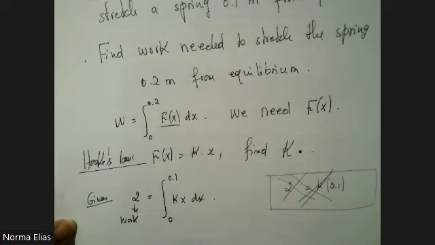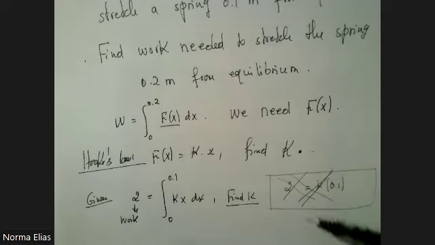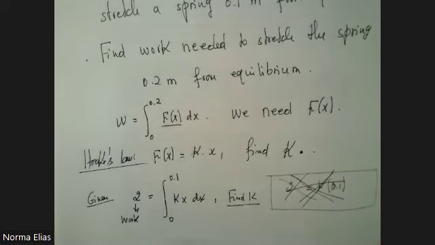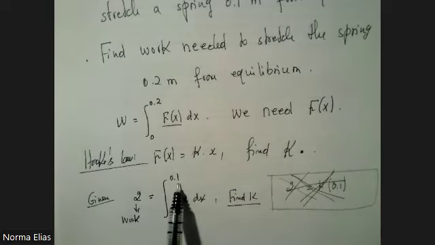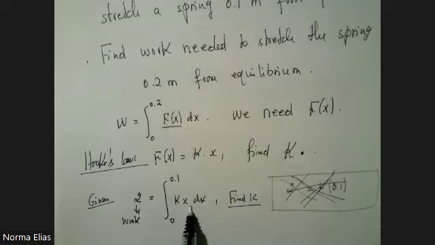So that's what we're given, and now we need to find k from that. I repeat, this is not correct because 2 is work, not force. If 2 were force, absolutely correct. So that's why I have to cancel this. The work is equal to 2, which means 2 is the integral from 0 to 0.1 of kx dx. And now we have to find the k.